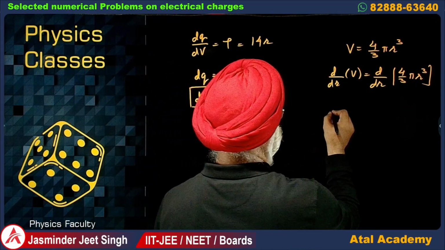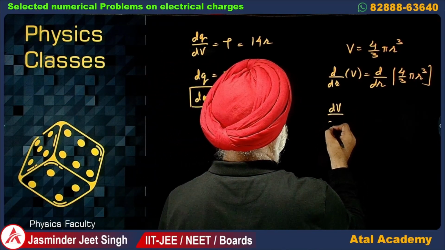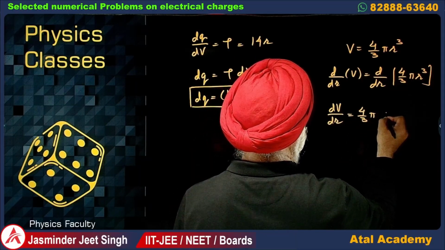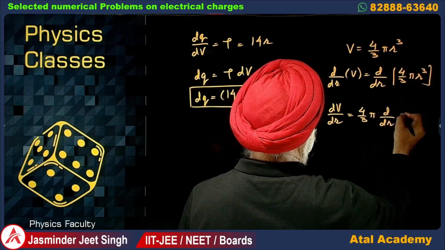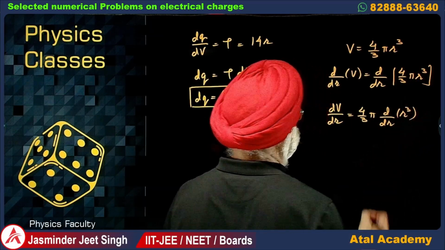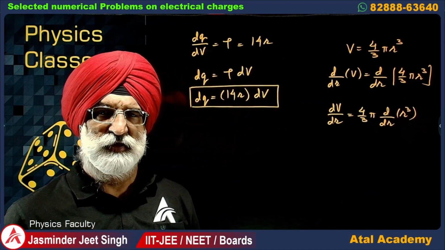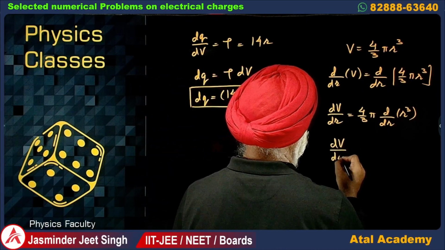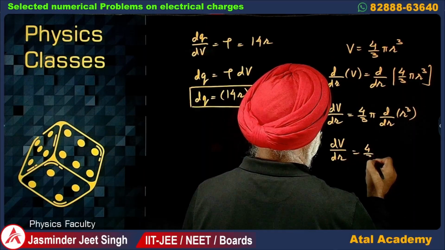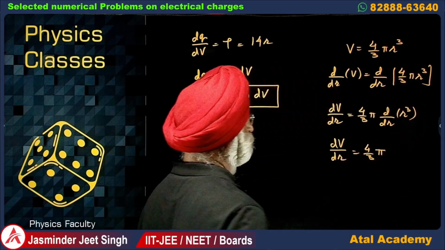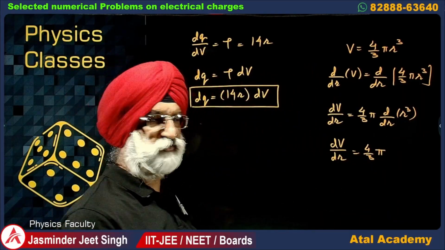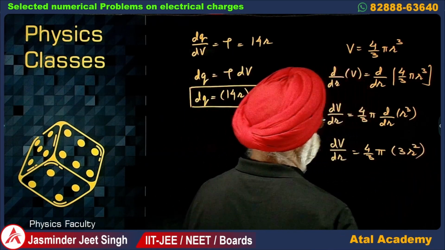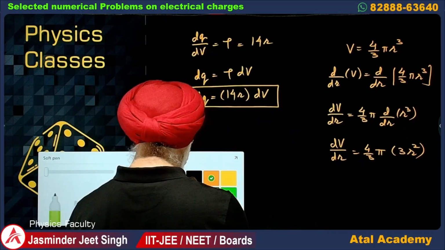Here we get dv upon dr, 4 upon 3 pi, we can take it outside, d upon dr of r cube, and we can solve it further, dv upon dr is 4 upon 3 pi, differentiation of r cube with respect to r is 3r square. Here 3 and 3 will cancel.